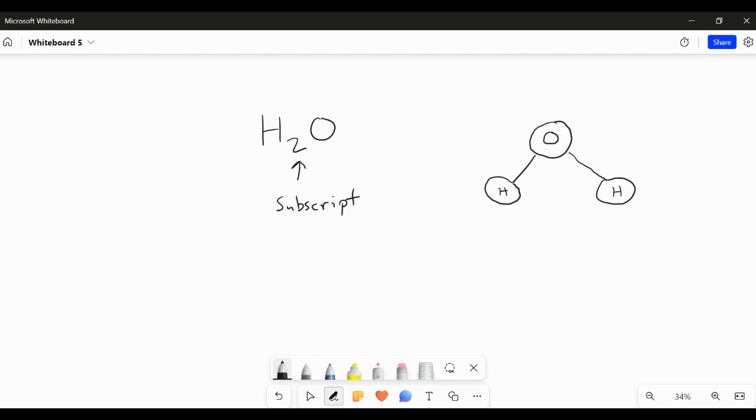But sometimes we might see other numbers. In front of a chemical equation or a chemical formula, we can see a big number, something like this 2 right here. Okay? This number is called a coefficient.